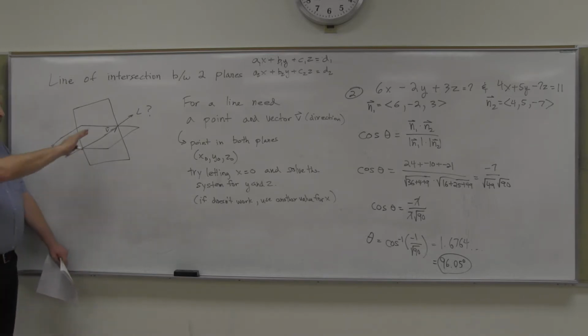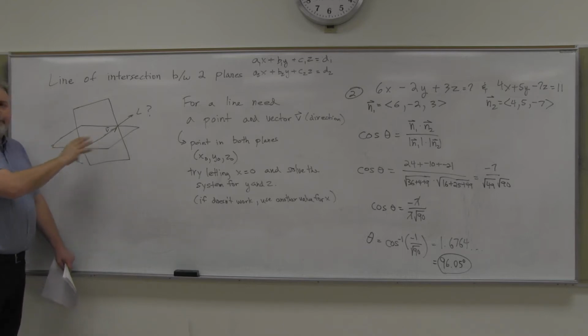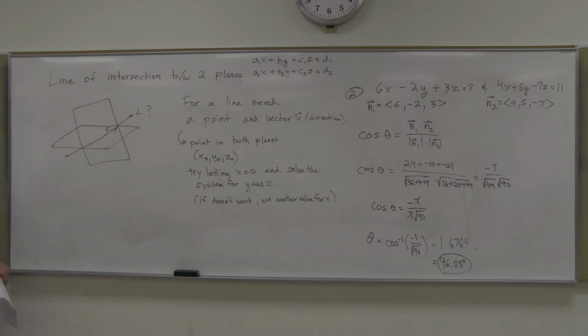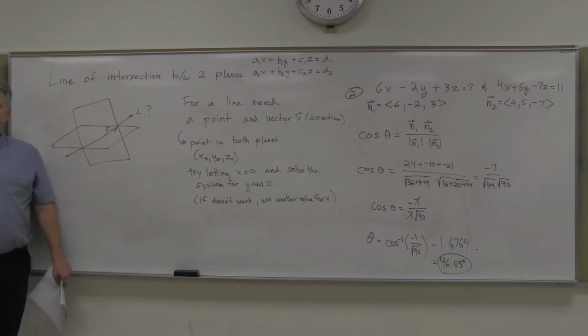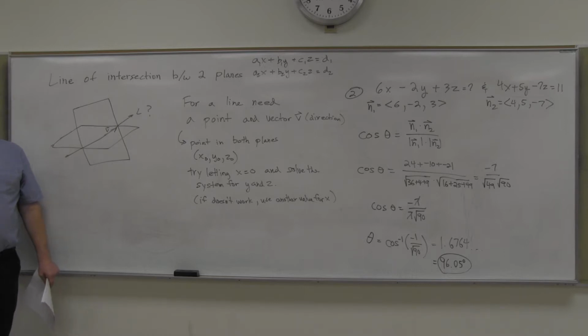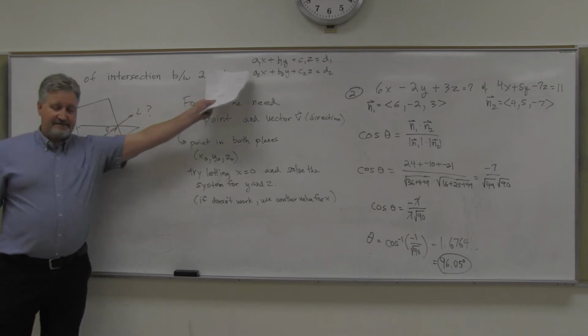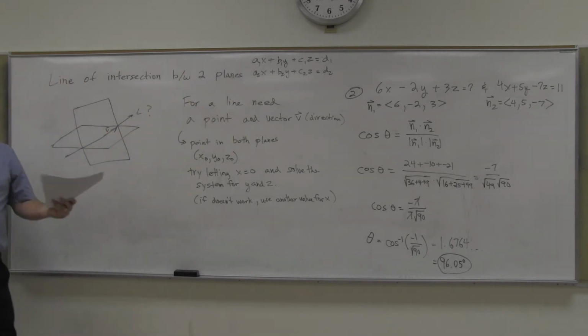Vector v is in both planes as well. So here's what that means. Let's think about vectors and planes again. When I have this equation, I've got the normal vector, right?